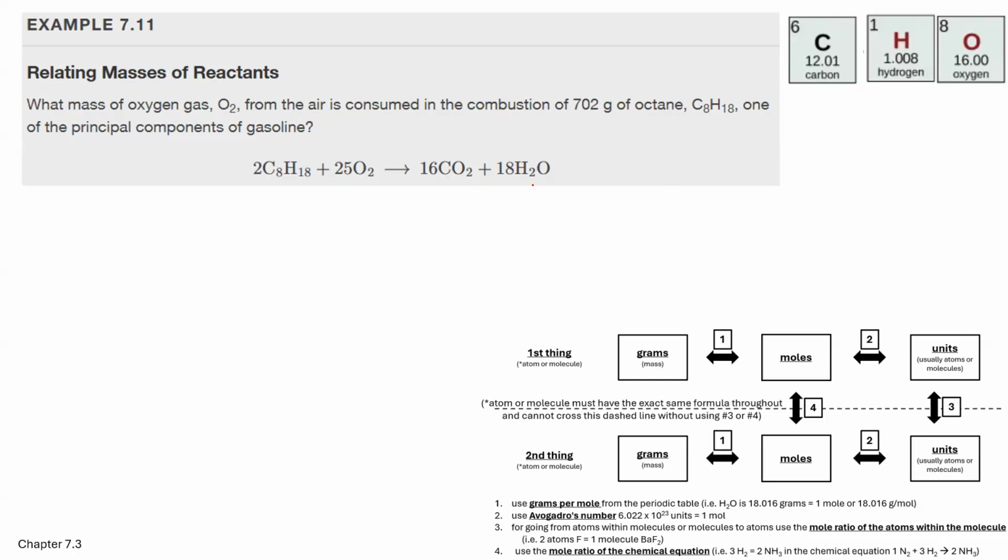Let's write out what we're going to do. They're saying we're starting from 702 grams of octane, and we're trying to figure out mass, which is now grams of O2. So we're going from this to this.